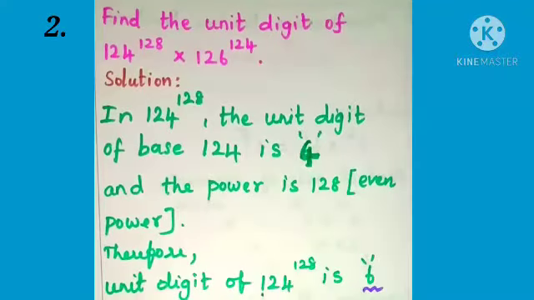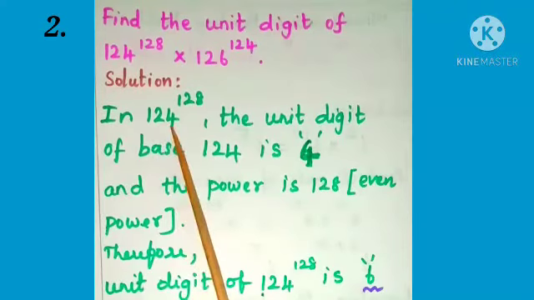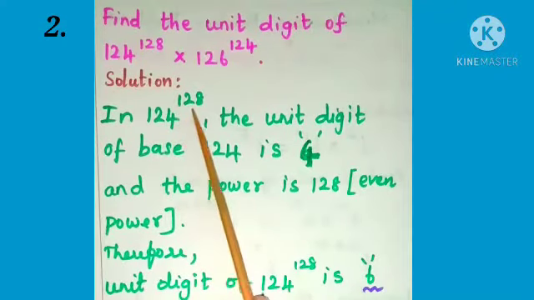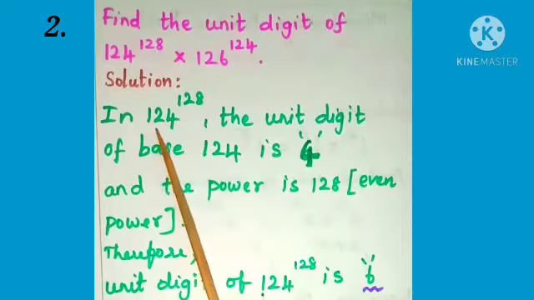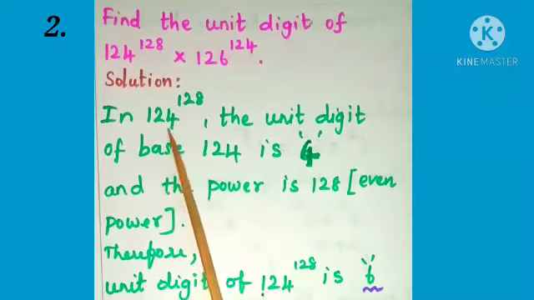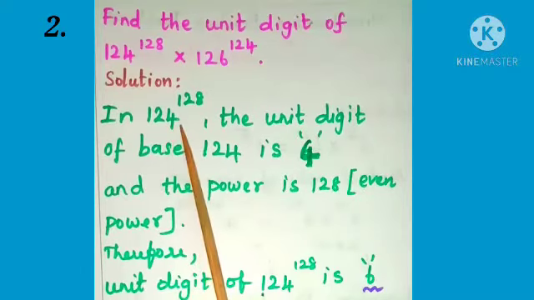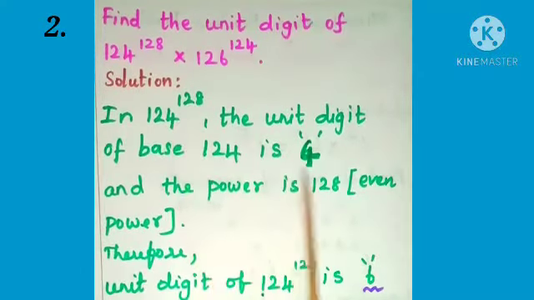Now, let us do the problem. In the first exponential form, the base is 124 and the exponent is 128. What is the unit digit of base 124? Yes, it is 4. Write down 4. And what is the power? That is 128, which is an even power.